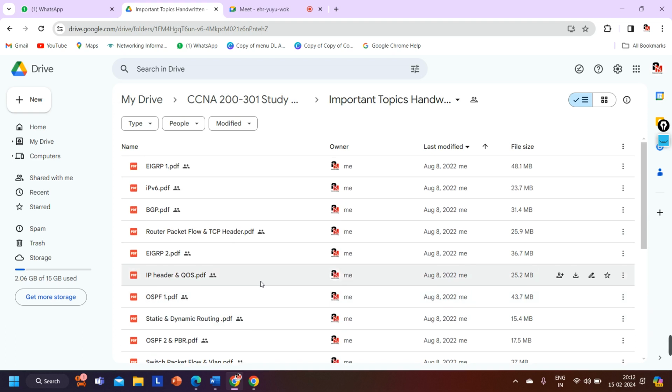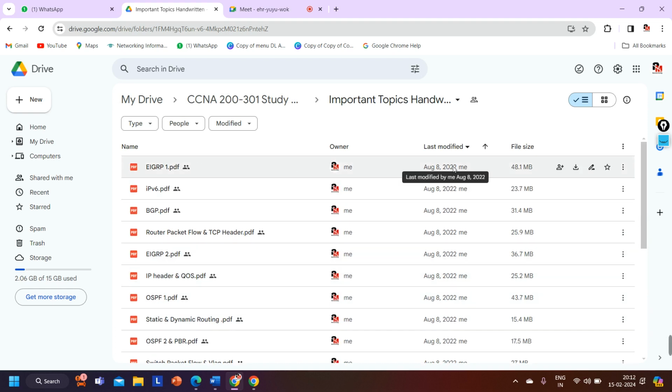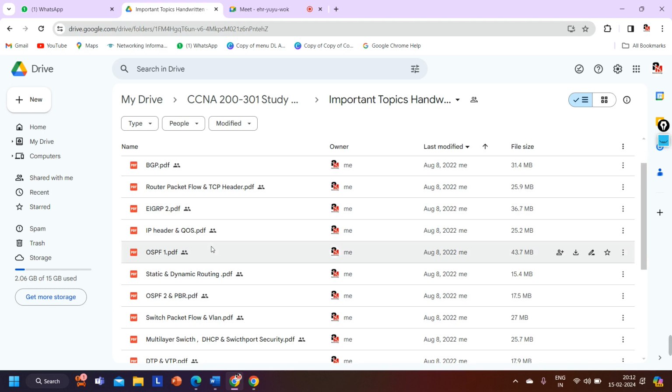These notes are topic by topic. Okay, for each important topic I have arranged notes, so that maybe in future, after 1 year or 2 years, if you forget something in OSPF, let's say you forgot what is LSA5 in OSPF or any other concept, right?